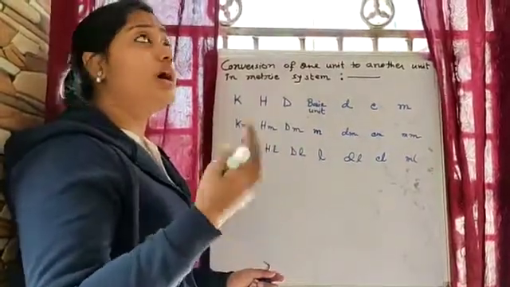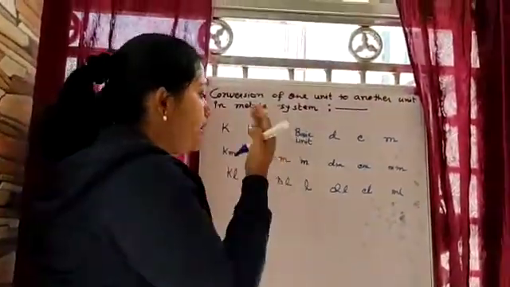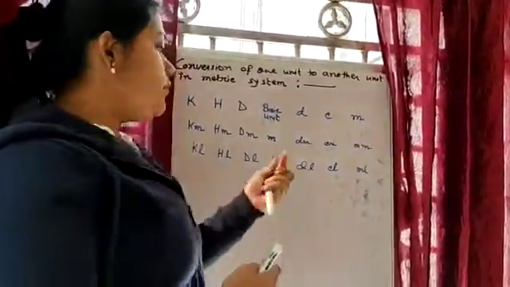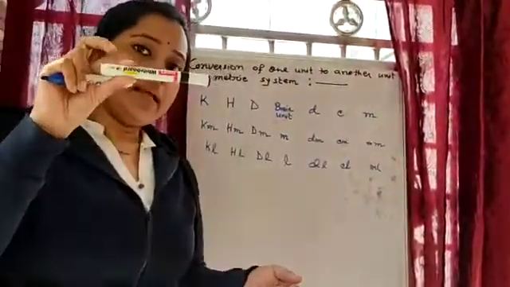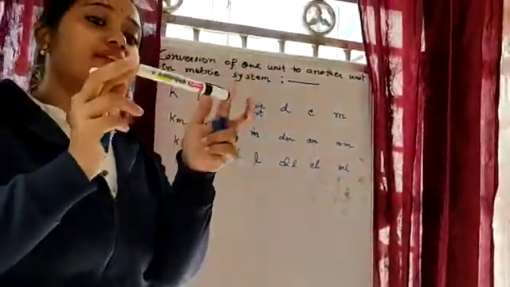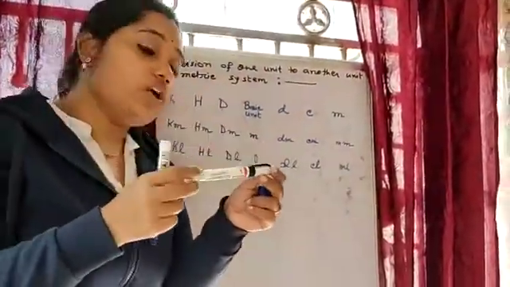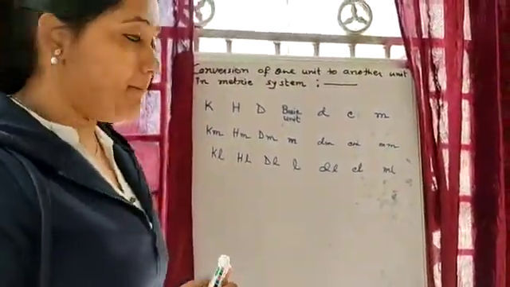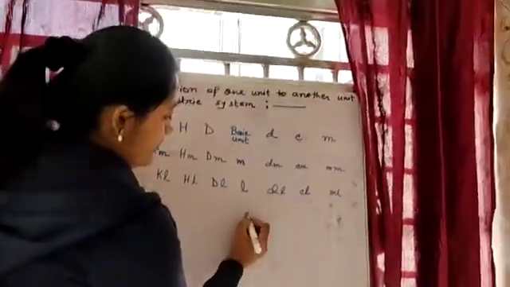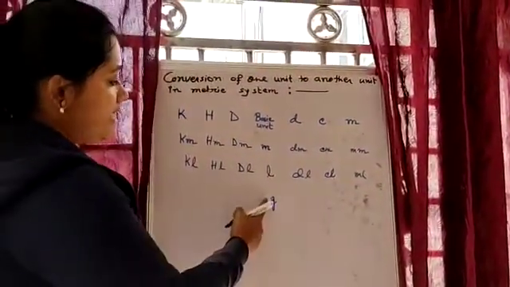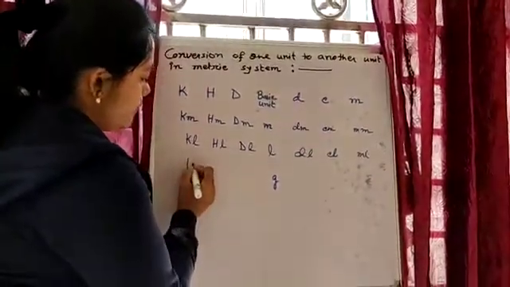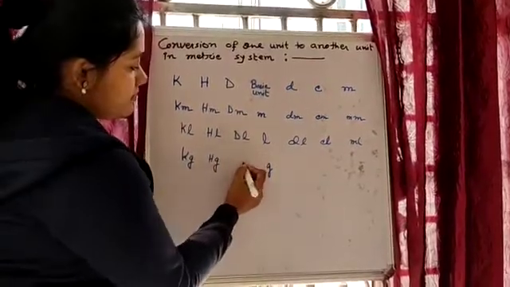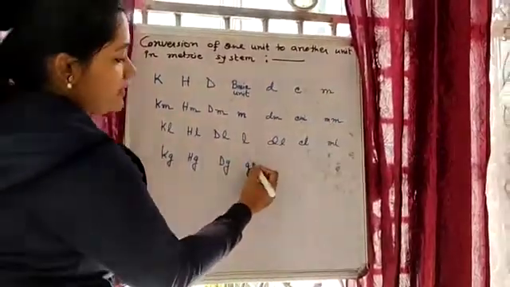Now suppose we want to find out the mass of something, that is, how much mass is there in the pen, how much matter is inside it. To find out this mass, we use the basic unit as gram. So kilo will be kilogram, hectogram, decagram, gram.